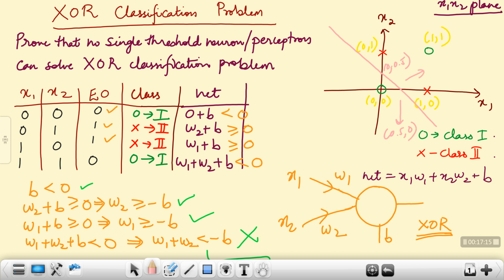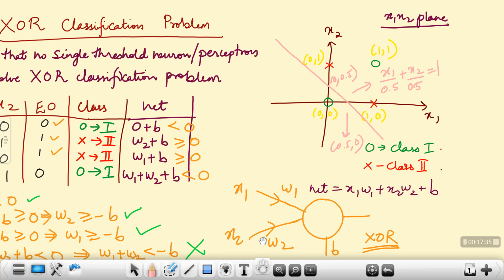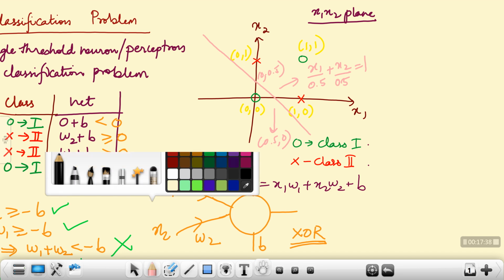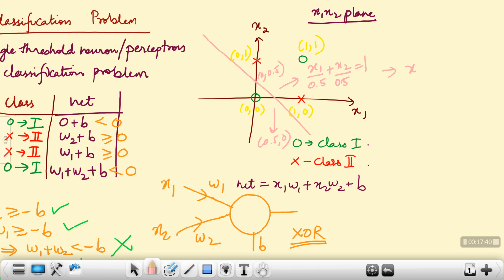So what will be the equation of this line? The equation of this line will be x1 upon 0.5 plus x2 upon 0.5 equal to 1. If I take 0.5 on the other side, I can write it in this form: x1 plus x2 is equal to 0.5.